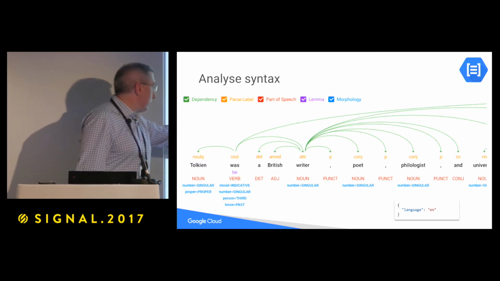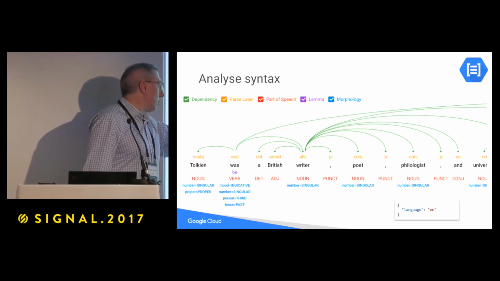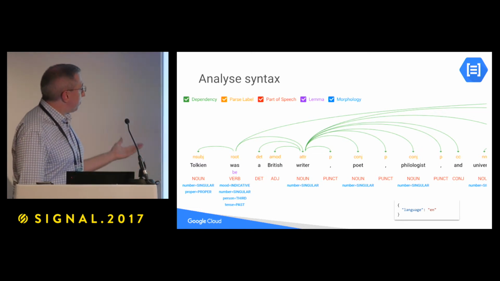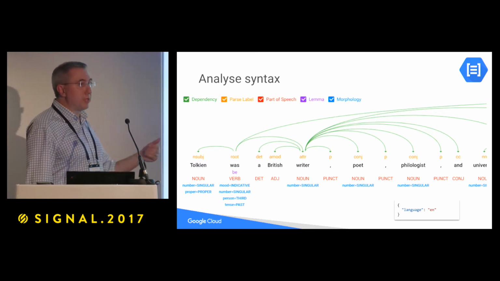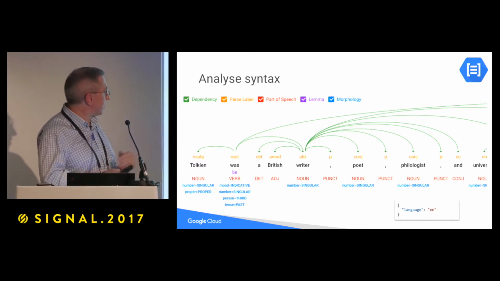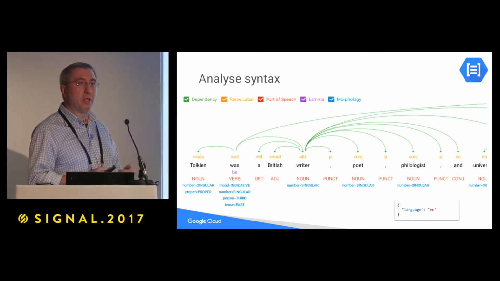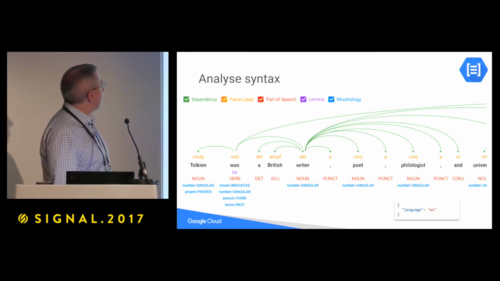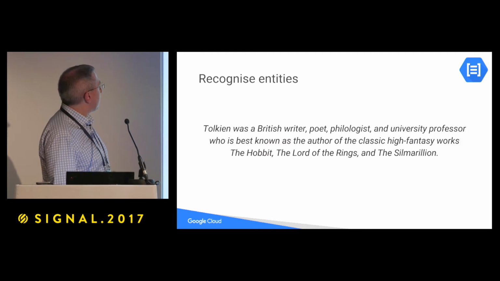So here, you know it, but "was" is derived from the verb "to be". That's pretty powerful because you can treat plurals with a single word. You can process all the different forms of a word with a single entity, okay? And of course, it detects the language that you give it.